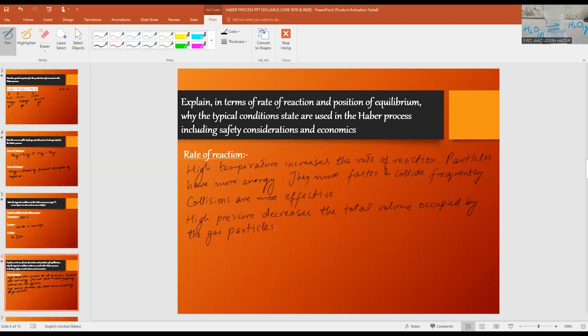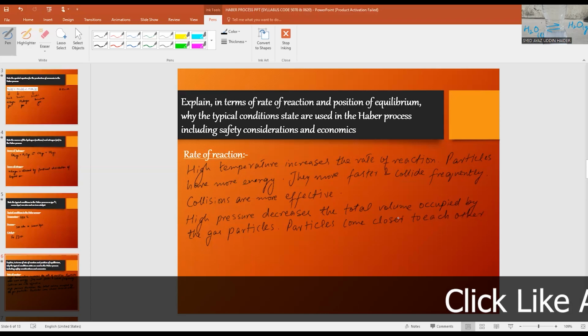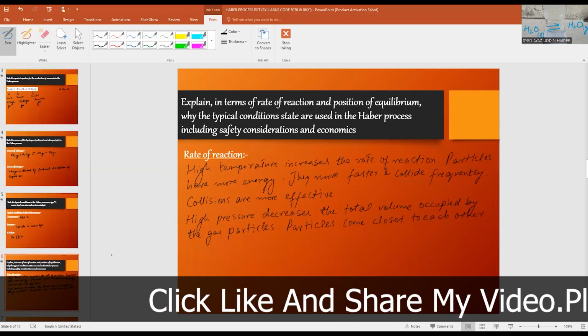Particles come closer to each other, having more successful collisions.